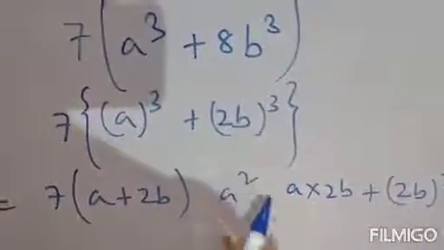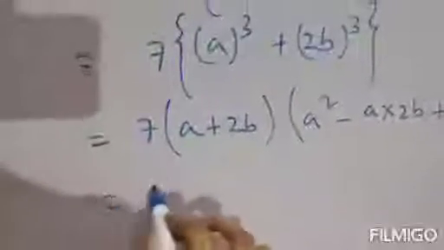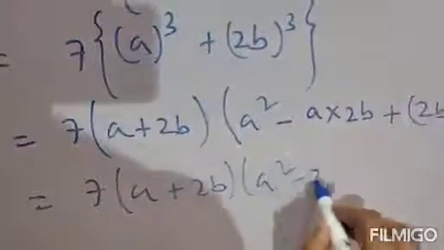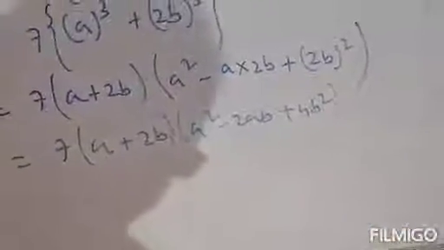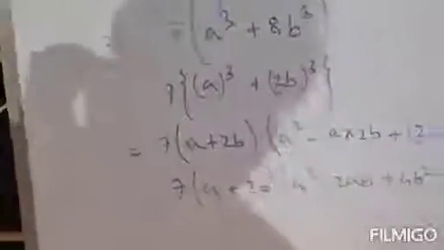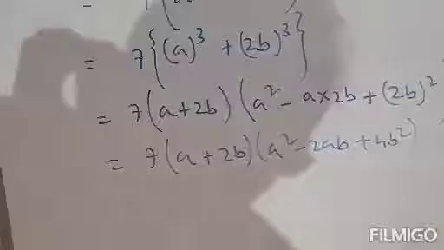Clear? Like this, that is 7(a plus 2b)(a square minus 2ab plus 4b square). So this is the answer. Question number 2, the answer is 7(a plus 2b)(a square minus 2ab plus 4b square). Clear? This is the final answer.